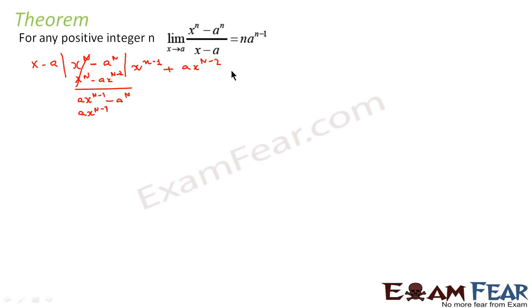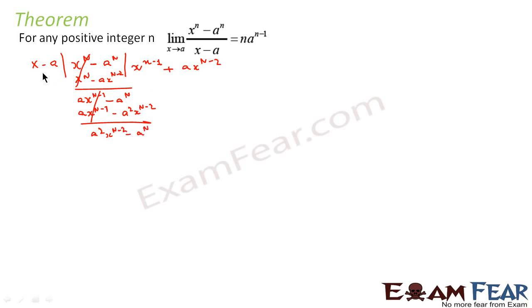And a into this a x to the power n minus 2, what you get is minus a square x to the power n minus 2, correct? This gets cancelled. What you get here is a square x to the power n minus 2 minus a to the power n.